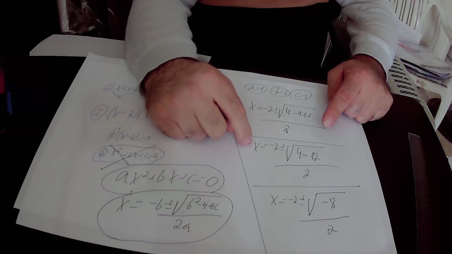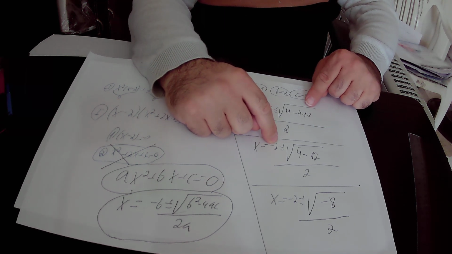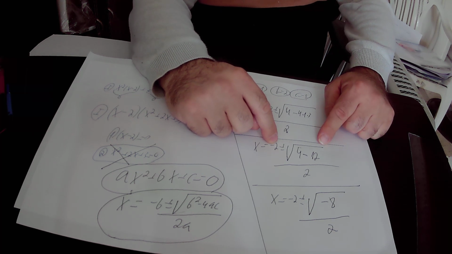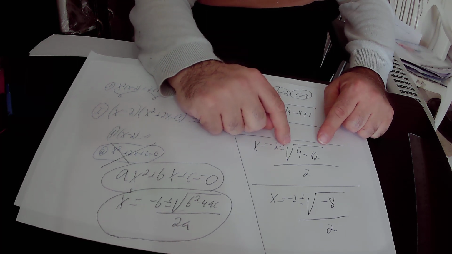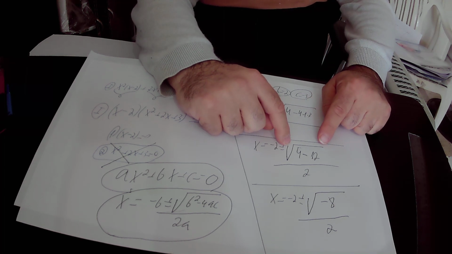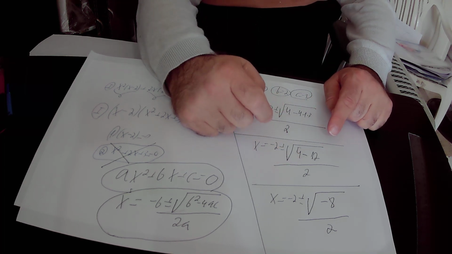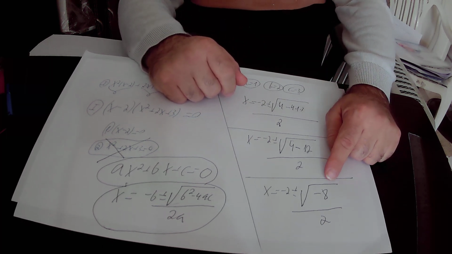So x equals minus 2 plus or minus the square root of 4 minus 12, because 4 times 1 times 3 is 12, all divided by 2. And 4 minus 12 is minus 8.